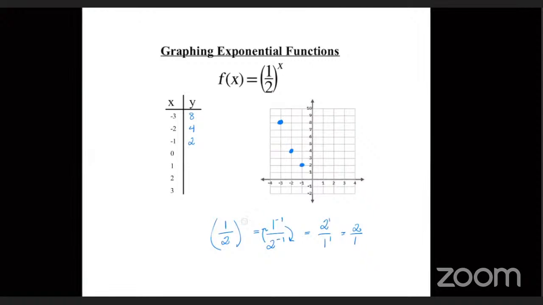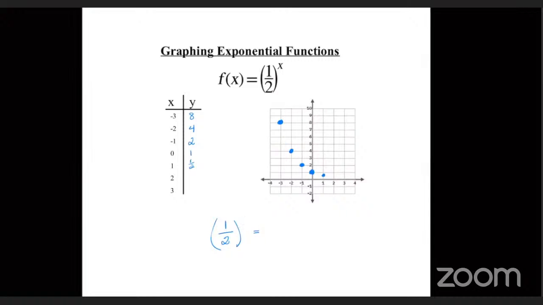And then we start looking at those positive exponents. When I start raising to the 0, anything raised to the 0 is 1. And again, we said when we have that exponential without our transformation, we'll always go through the point (0, 1). Anytime I raise something to the first, it's not going to change what I'm looking at. So 1/2 raised to the first is 1/2.